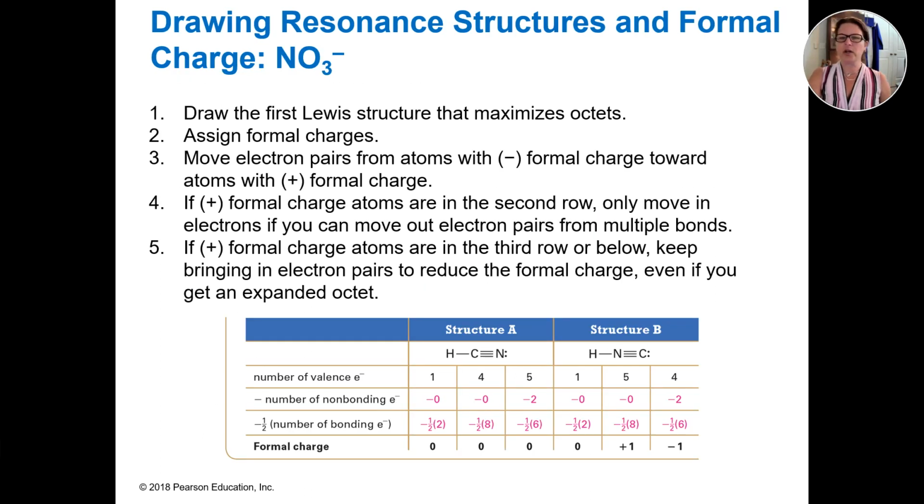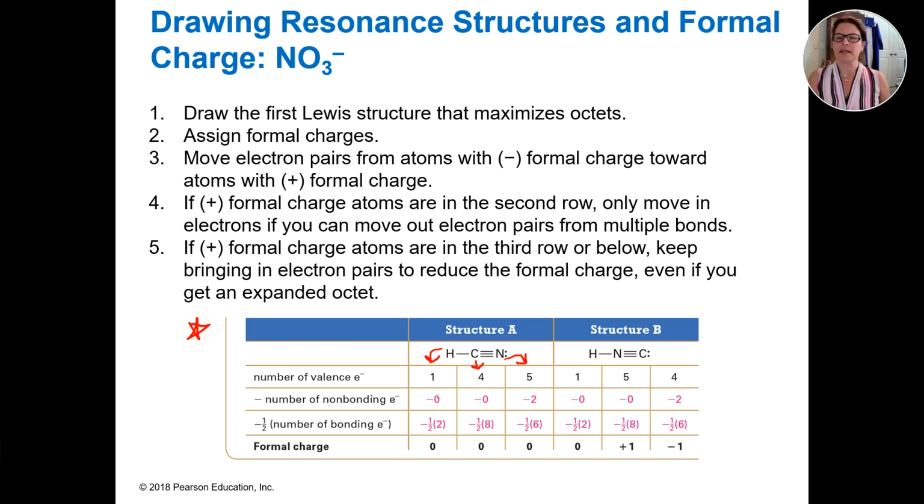Now, if we look at this example here, and we say, okay, which is going to be the better structure or the favored structure? These are not resonance because the connectivity is different. But if we were going to do a reaction, there is a reaction where we take structure A and convert it to structure B. The question is, which is going to be more stable? Okay, so if we go ahead and do the math for each element, so this is hydrogen, carbon, nitrogen, okay?